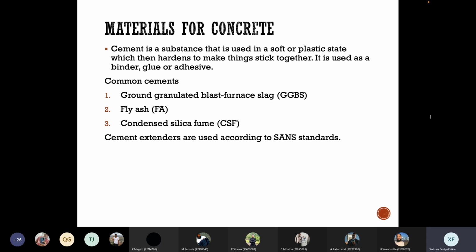Common types of cements that they have are the ground granulated blast furnace slag, fly ash, and condensed silica fume. You can just read in your book how they are different, but those are just different types of cements that they can use. Cement extenders are used according to SANS standards. We already spoke about cement extenders.